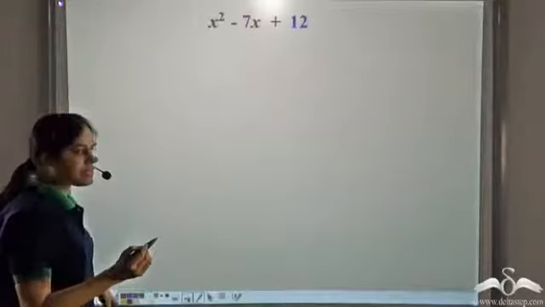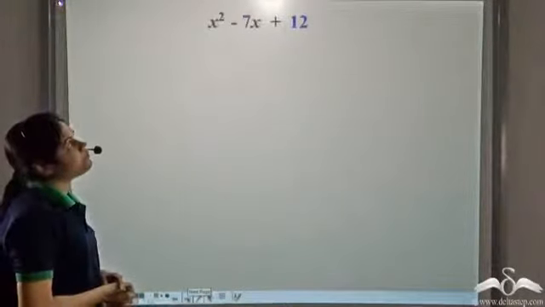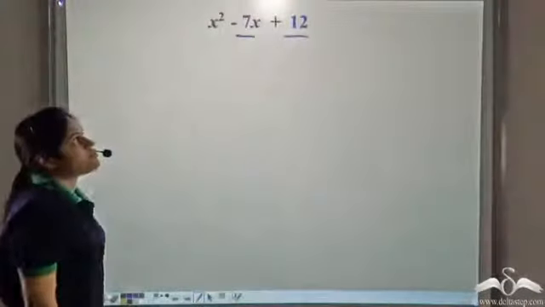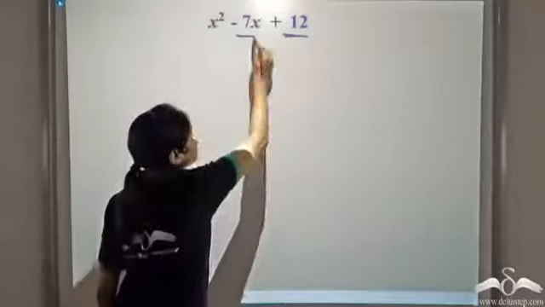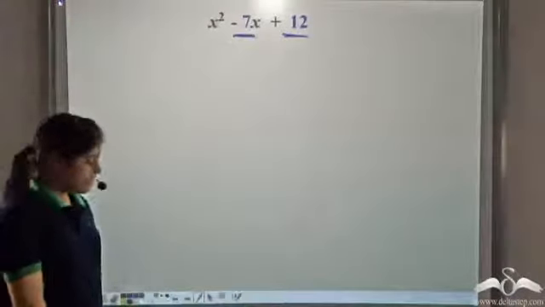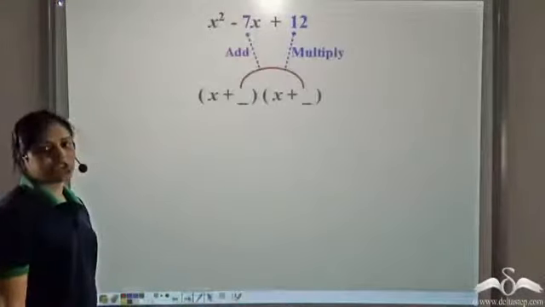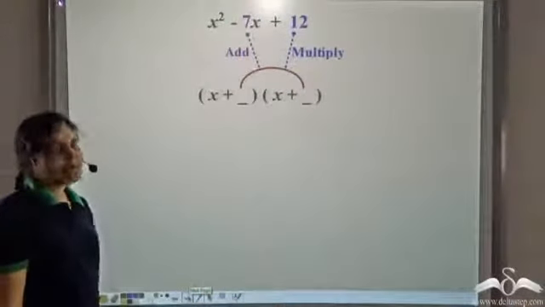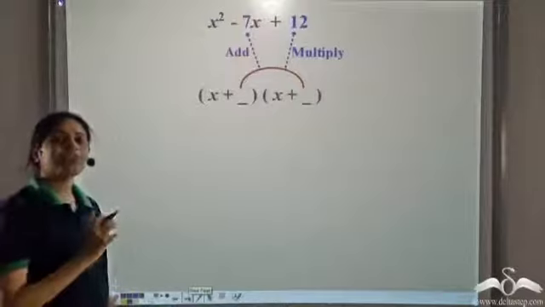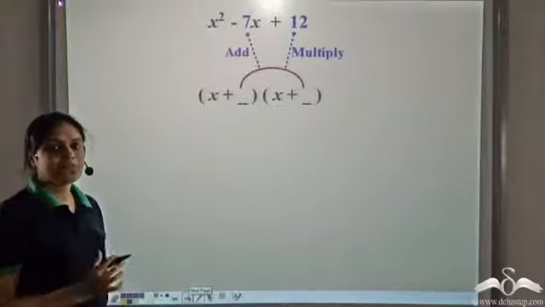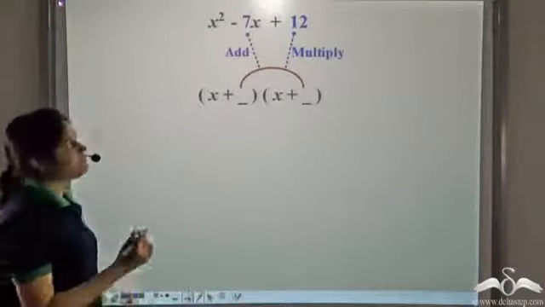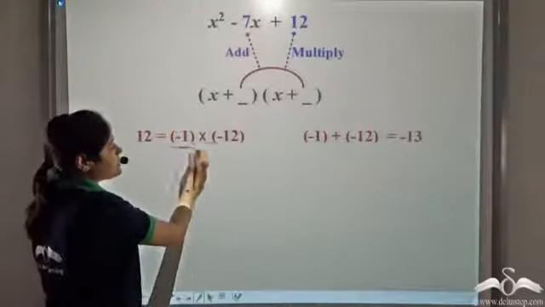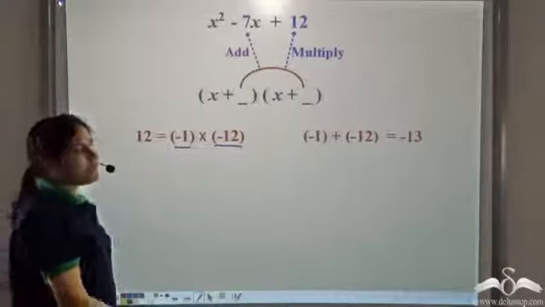So let us understand it with the help of an example. X square minus 7x plus 12. So we have positive last term but negative middle term. Find two numbers such that their sum is negative 7 and product is 12. We can do it by finding the different factors of 12 which give their product as 12. So 12 could be written as negative 1 into negative 12.